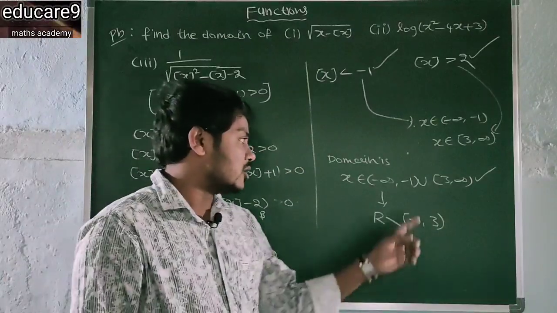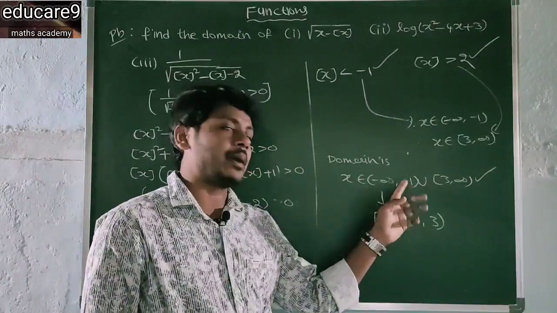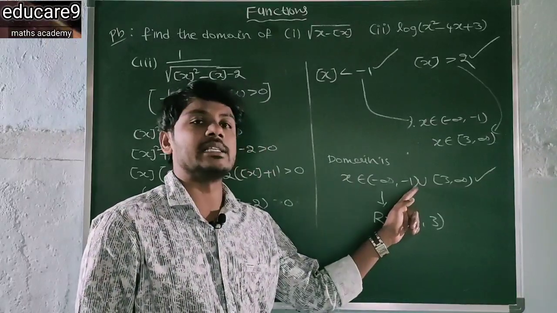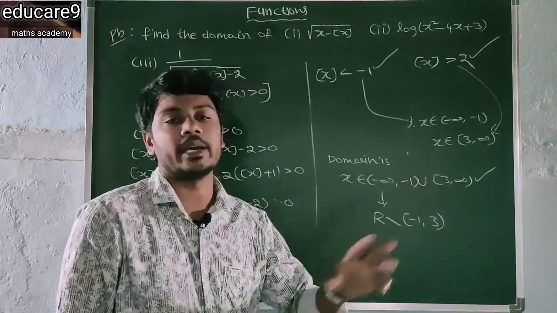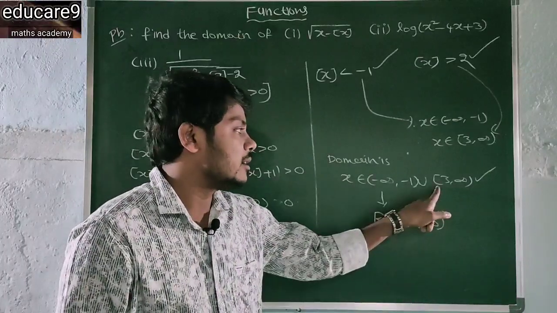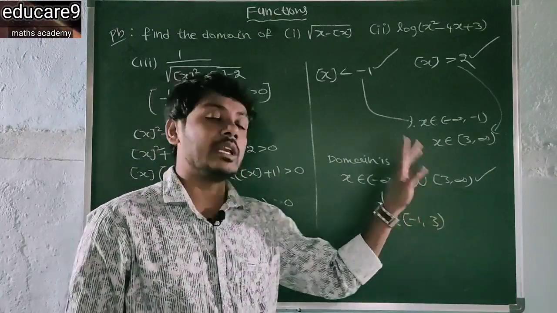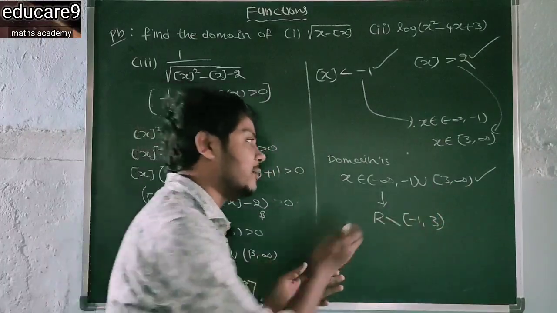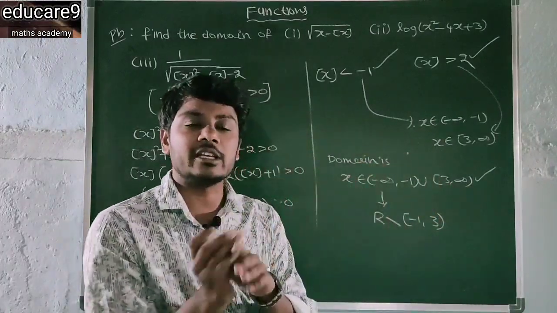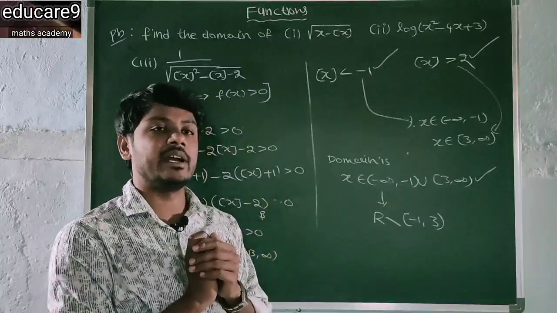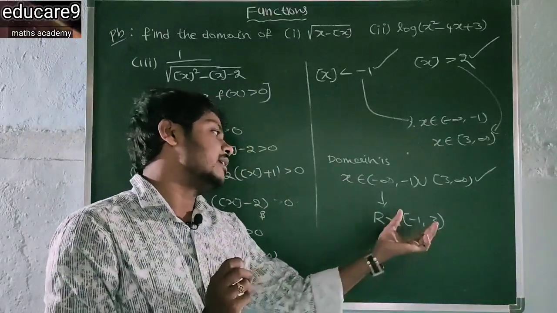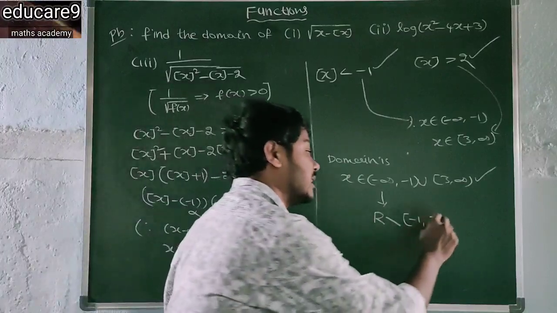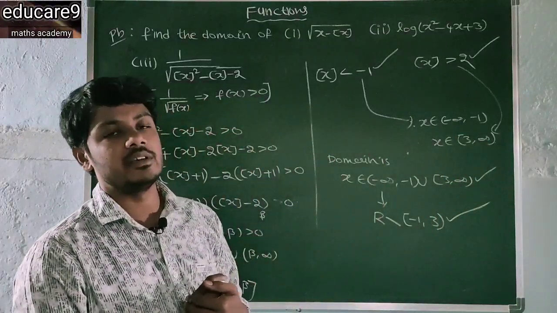So clearly here x values are up to minus 1 only, so minus 1 is not satisfied. That's why I write closed minus 1. Here x values are 3 to infinity, 3 also included. So clearly between minus 1 and 3 all values are not satisfied, so remove those values from the real numbers. So that is the domain of the given function.